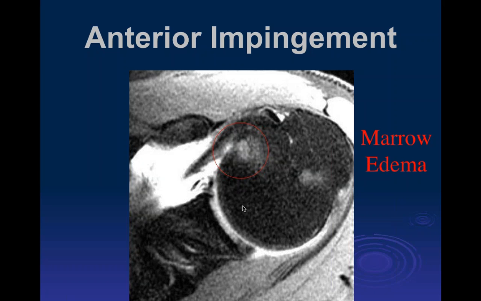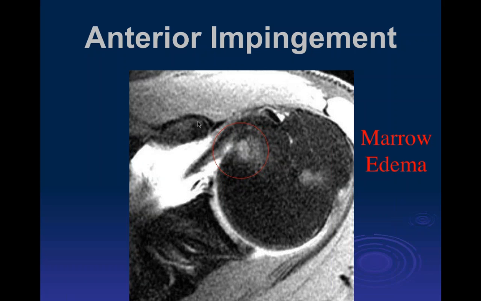Looks like the shoulder is in relatively neutral position, and I can see some marrow edema in the anterior portion of the humeral head, and I do see the subscapularis tendon is attached to the lesser tuberosity. Yeah, I mean, this could be due to impingement.